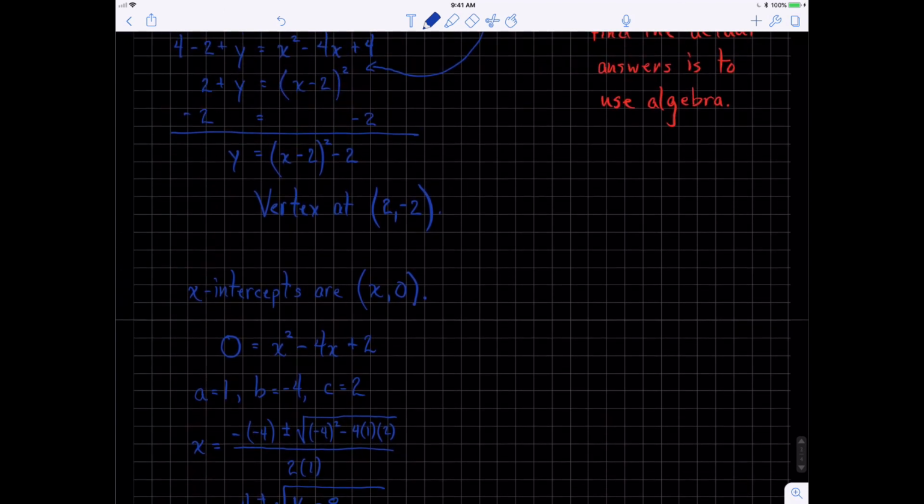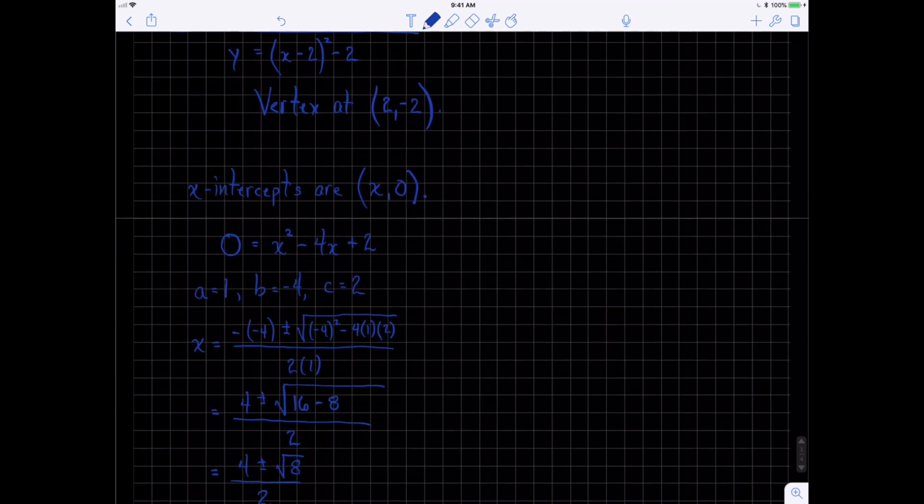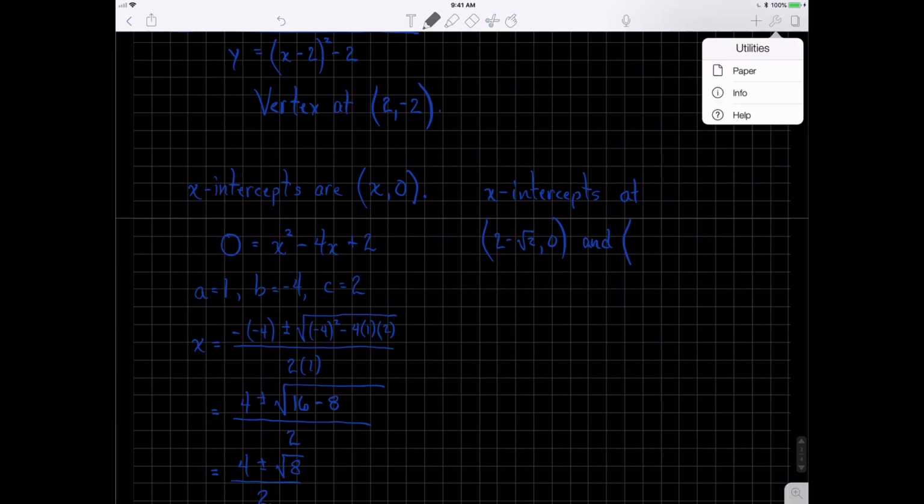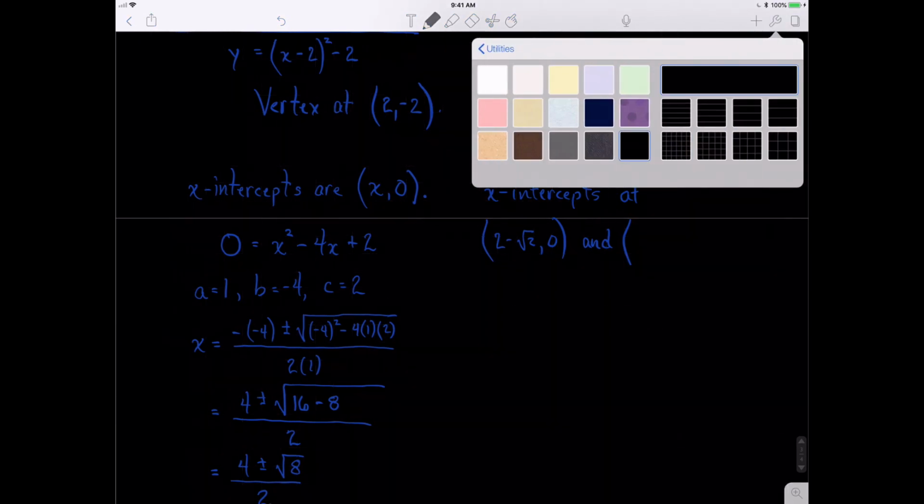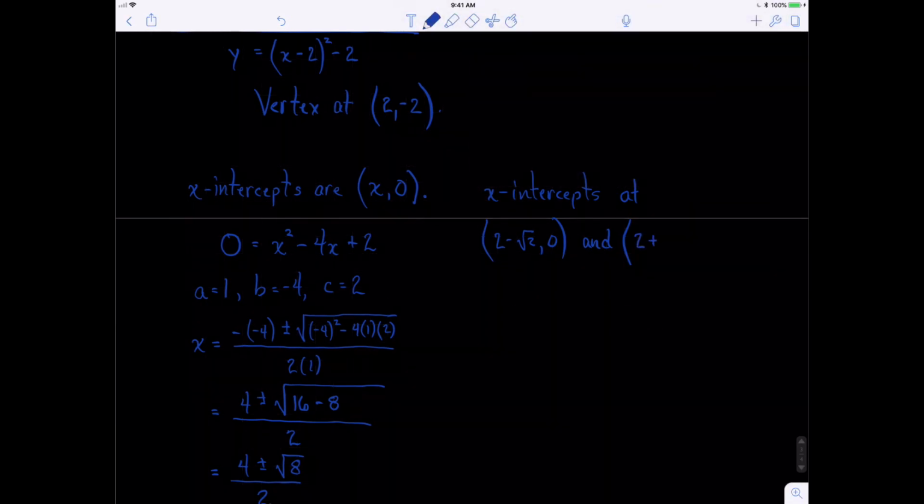Our X-intercepts: we found that we have 2 of them. We have 2 minus the square root of 2 comma 0, and, I'm going to turn the paper off for a moment, we have 2 plus the square root of 2 comma 0.